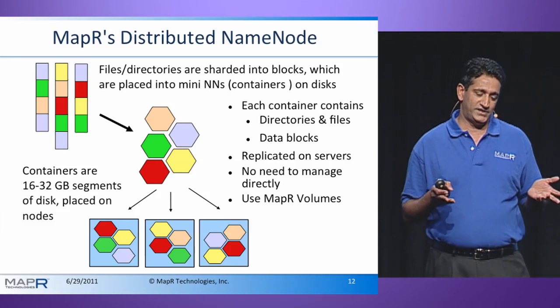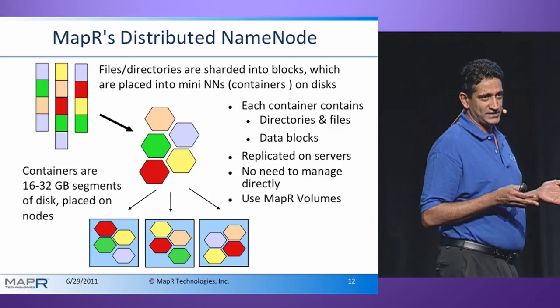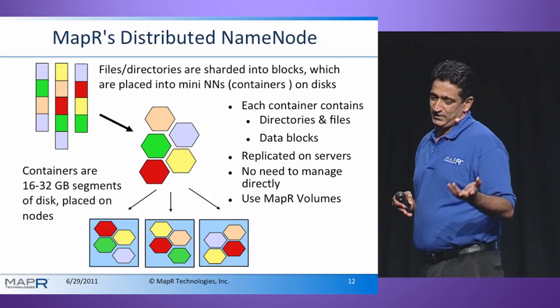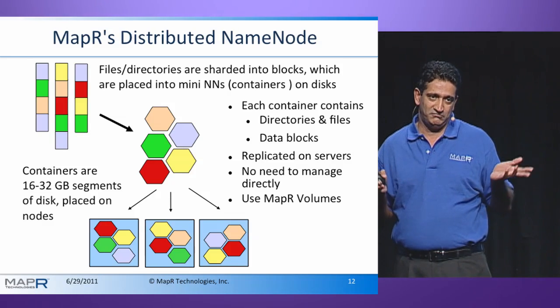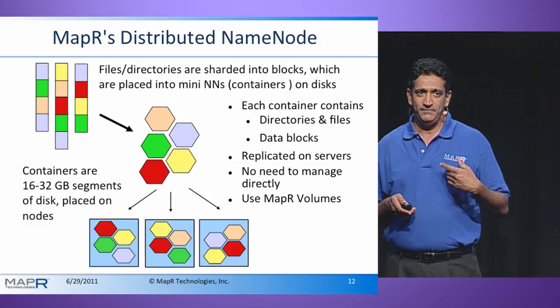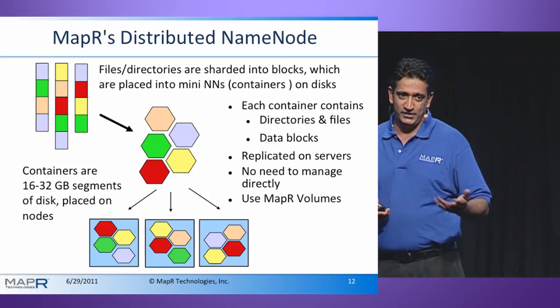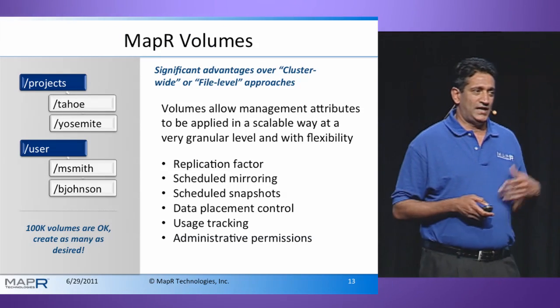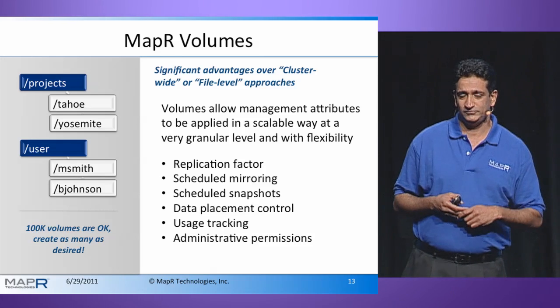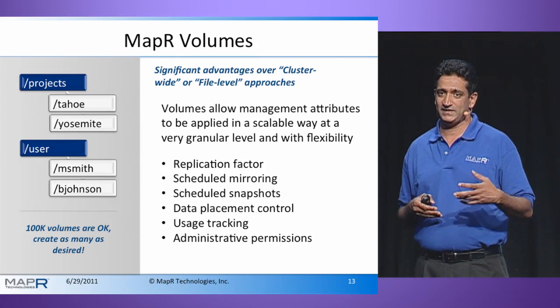And these are about 16 to 32 gigabyte segments placed on various disks on different nodes, and they're replicated. So in a large cluster, you might have 50 million or 100 million of these containers. But you don't manage them directly. You use MapR volumes to manage them. So we added this thing called volumes, using a familiar concept from how you mount files and directories in Unix.